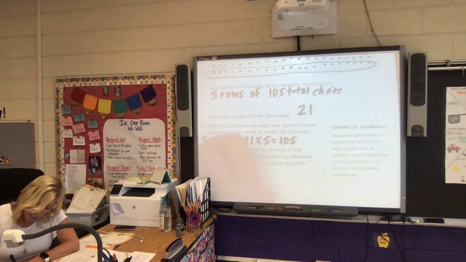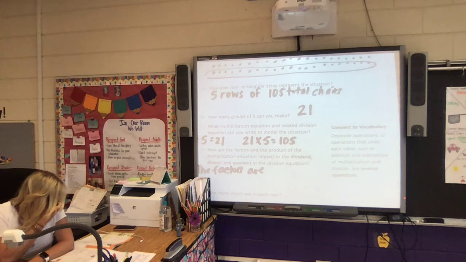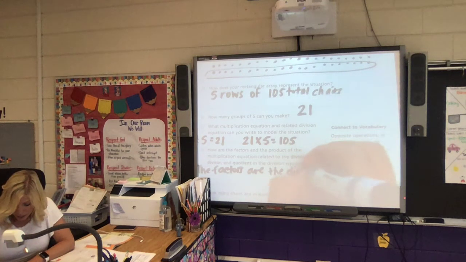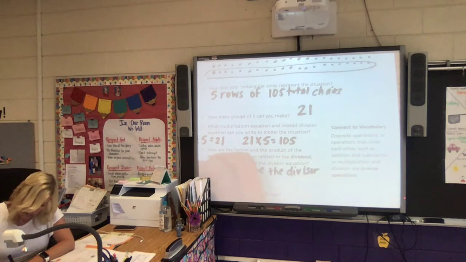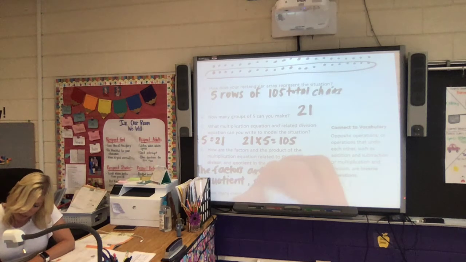the factors in this are the divisor and quotient. And the product is the dividend.